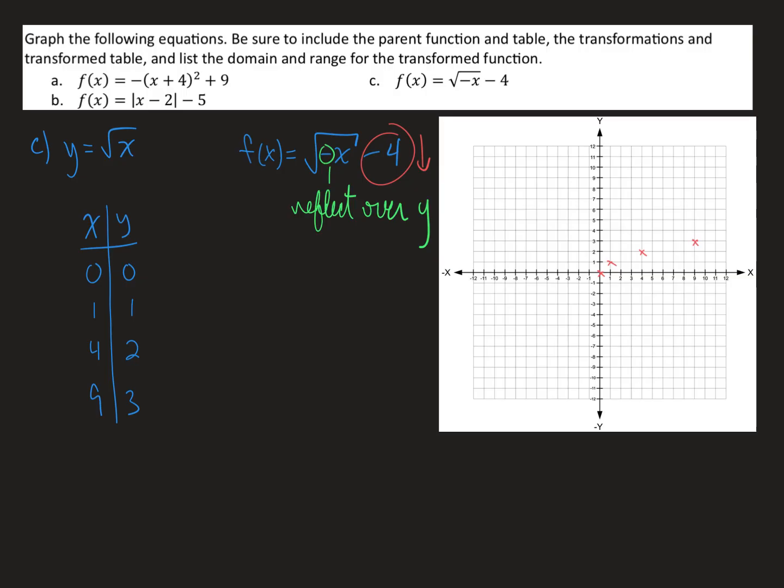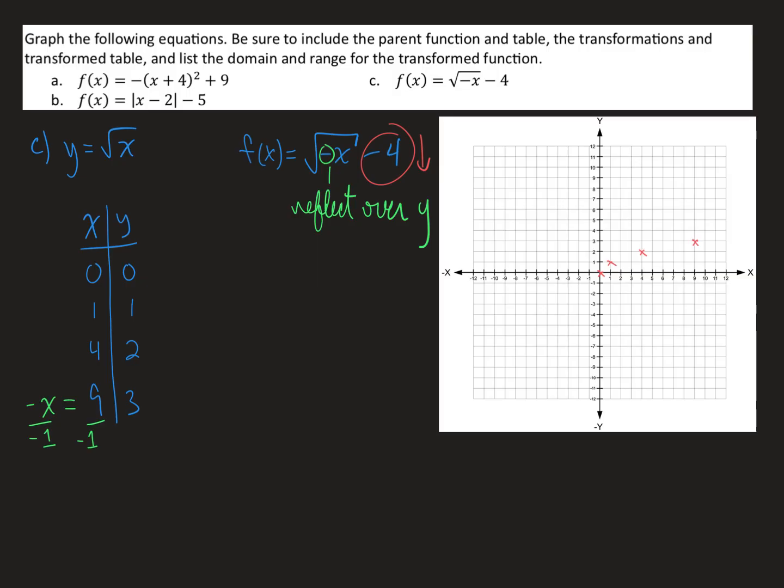For part C here, we're graphing the square root of -x minus 4. And I've already gone through and found what these are doing, and I'm going to set up these equations so that this is -x equals 9, which means we will be dividing each of these by -1.